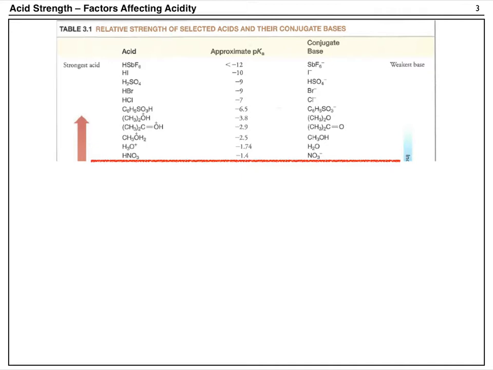So let's understand the difference between an organic acid and an inorganic acid.